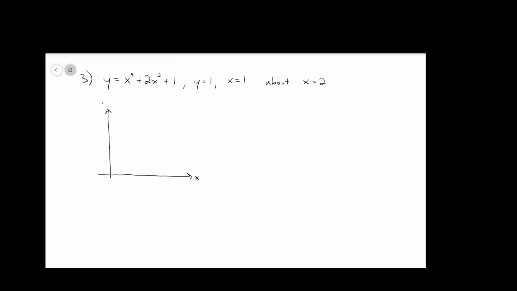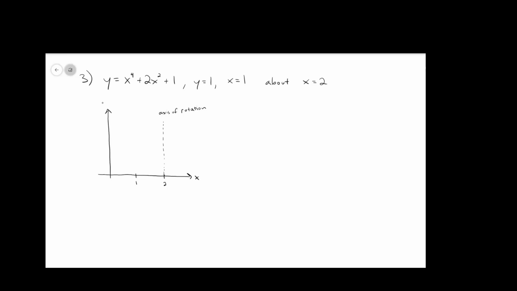We're bounding it by x equals 1, and we're revolving it around this line, x equals 2. So that is where I'm going to put the axis, because that is going to be the axis of revolution.